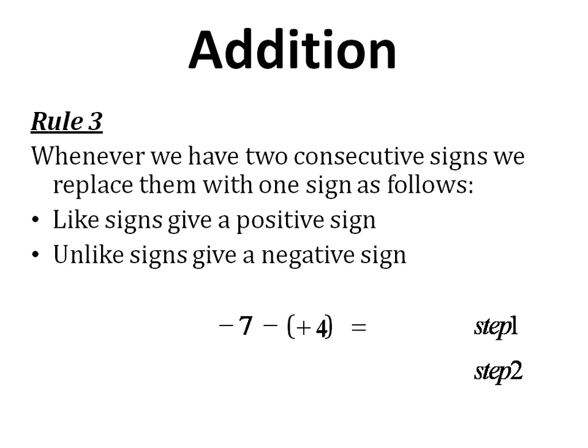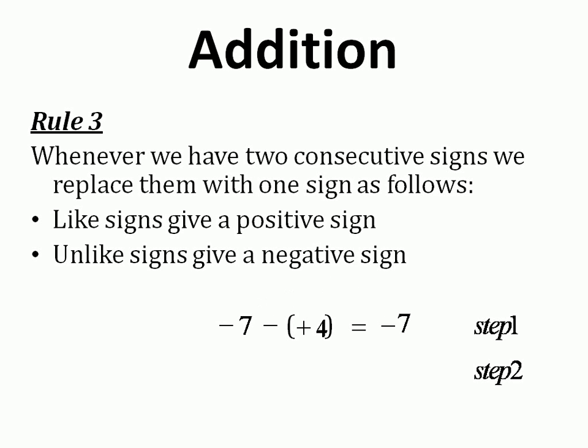There we are. We usually put the number that is not affected by the consecutive sign as the first thing in our next step. So the negative 7 is not affected by the consecutive signs, and we write that in the next step. Now the consecutive signs are the positive and the negative signs.